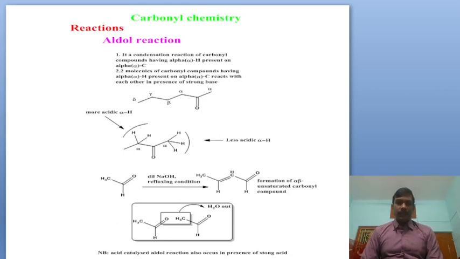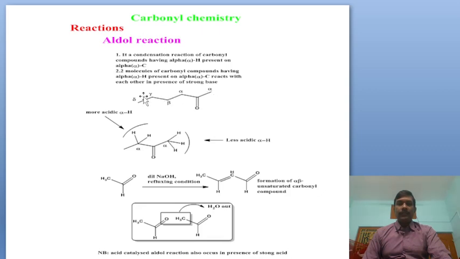Next we come to the aldol reaction. It is a condensation reaction of carbonyl compounds having alpha hydrogen present on the alpha carbon. Two molecules of carbonyl compounds having alpha hydrogen react with each other in the presence of a strong base. So this is the carbonyl compound.